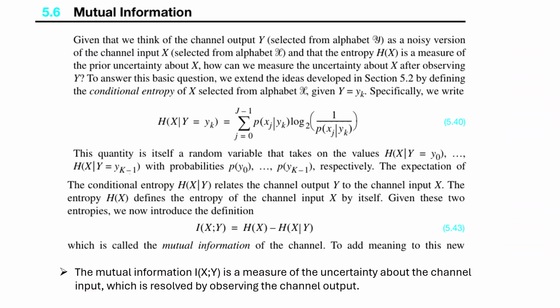Okay, so here you can see the mutual information is a measure of the uncertainty about the channel input which is resolved by observing the channel output, and this expression alone is very important, right? So this is called the mutual information, where I(X;Y) is equal to H(X), this is the entropy of X, and this is H(X|Y), that is the entropy of X over Y.